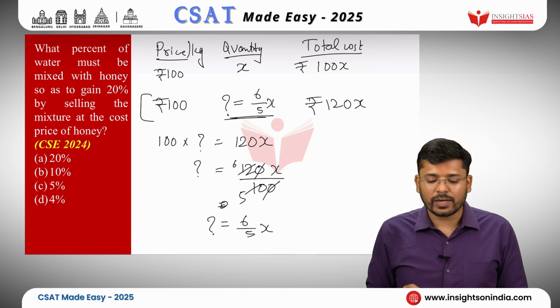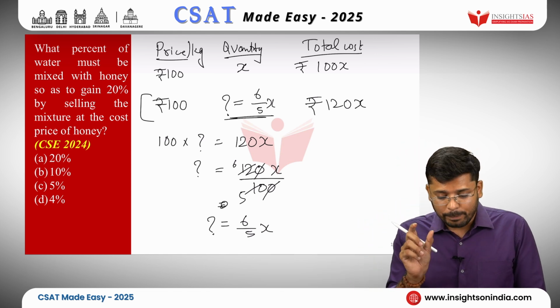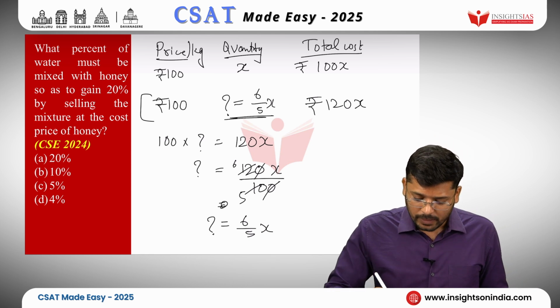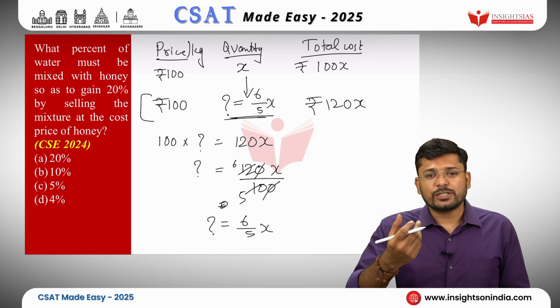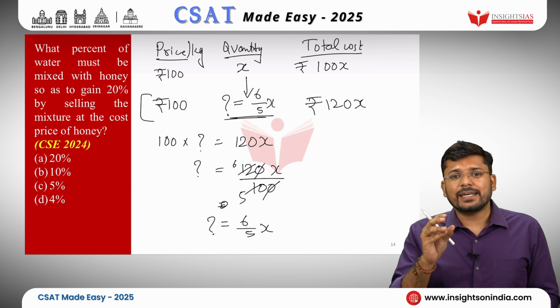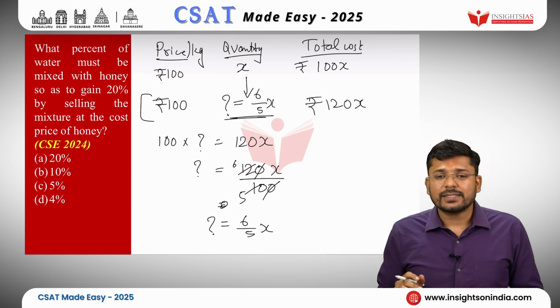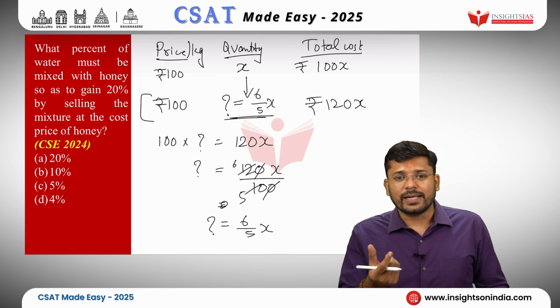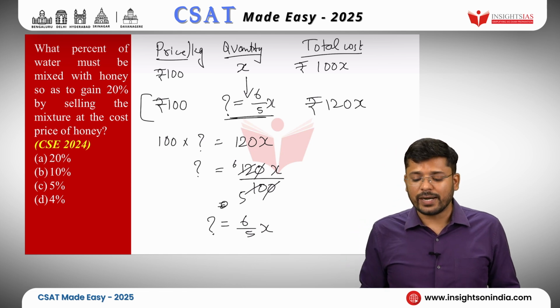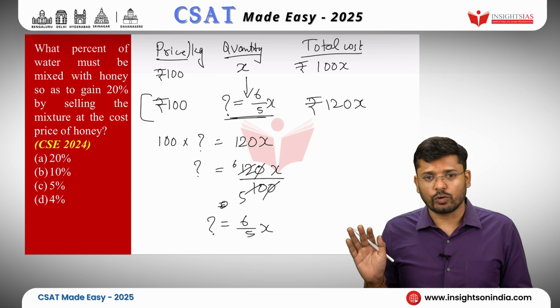But what are they asking us? They are asking for the percentage change. From here to here, there has been an increase, and that increase is contributed by water, because he has mixed water. What is the percentage change in the quantity? That is your answer. How do we find percentage change? We have a formula for that.